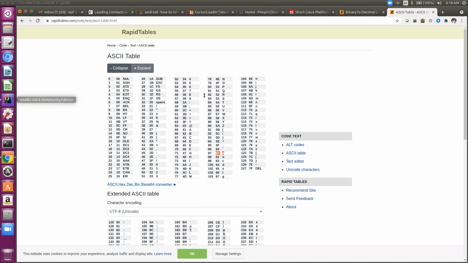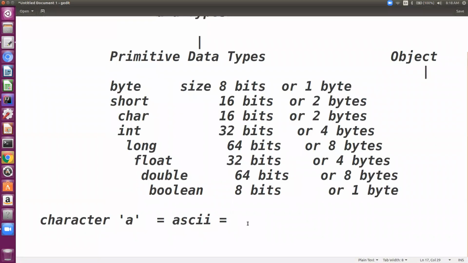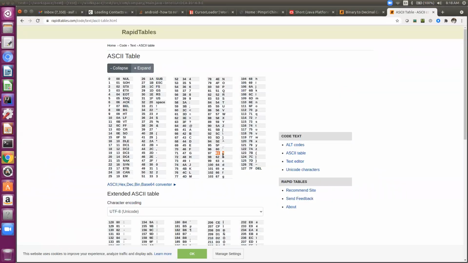So in Java, characters are stored in a char type variable. That means I can declare something like char x equal to A. When I do this, it is not as if the literal A itself is being stored in x. What is getting stored in x is 61.